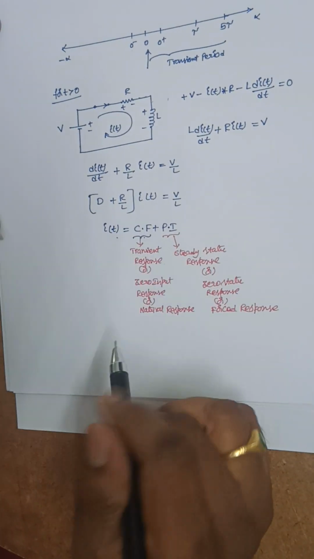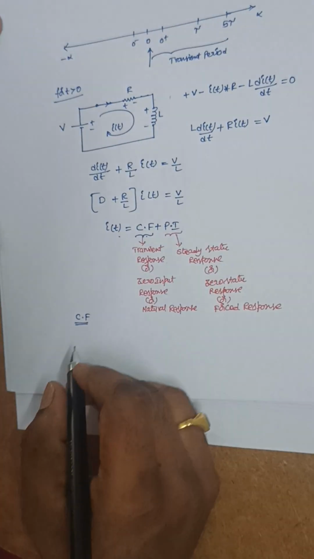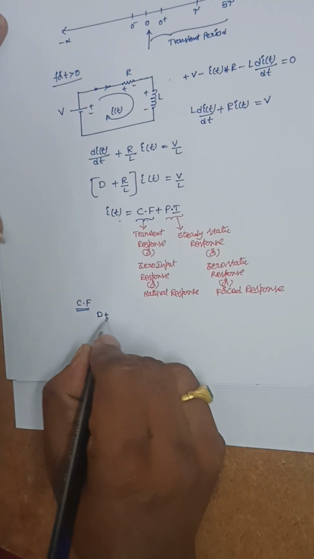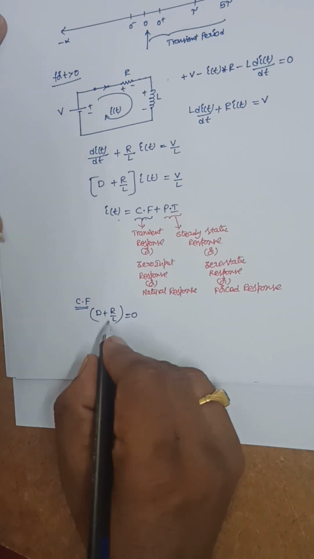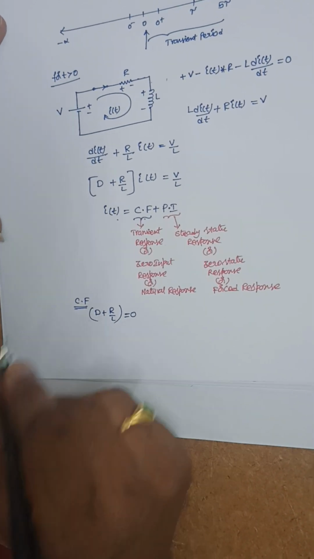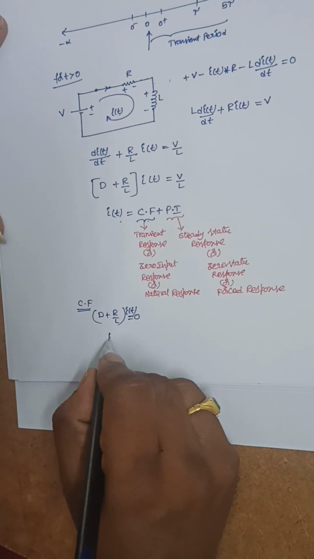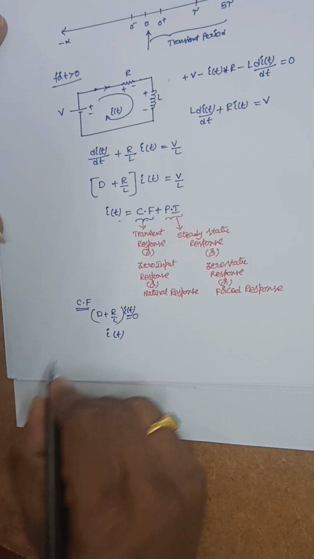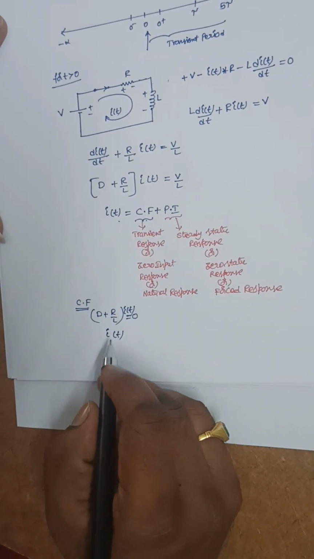Now I can find the complementary function from the homogeneous equation, that is d plus R by L. If I make this equal to 0, then I can find this complementary function, I of t. Since it is a transient, the complementary function gives the transient response.